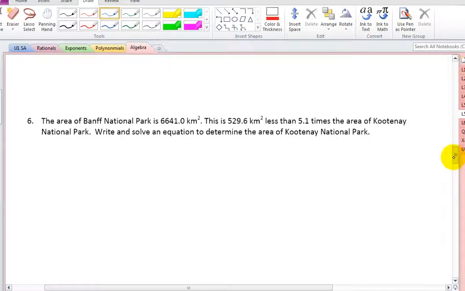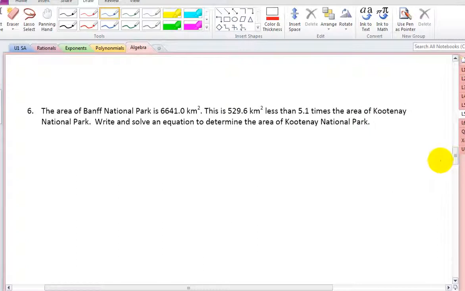Okay, next one. The area of Banff National Park is this. This is 529.6 less than 5 times the area of Kootenay. So we're at B and K. So how are we going to set up that equation?